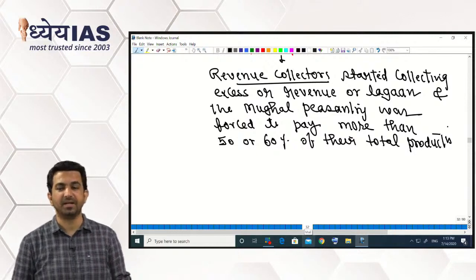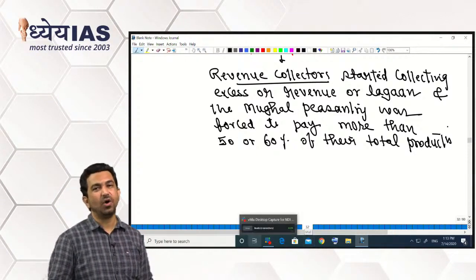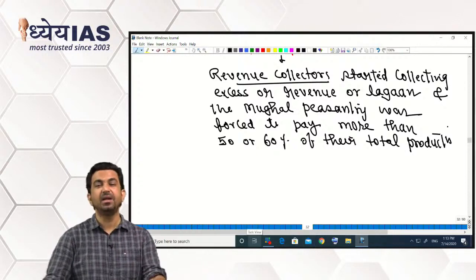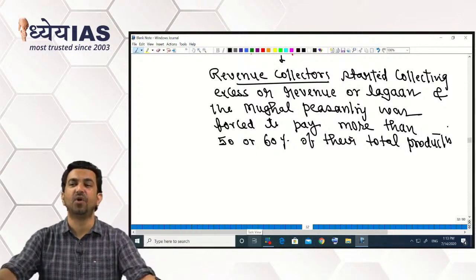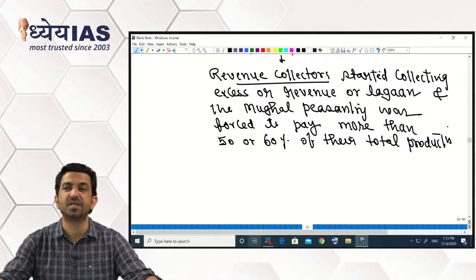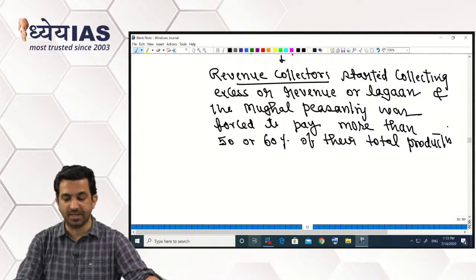There were several reasons for the downfall of the Mughal Empire. We will be talking about the reasons for downfall of the Mughal Empire in our subsequent lectures. We'll talk about the history of medieval India, political history of medieval India. ठीक है ना?